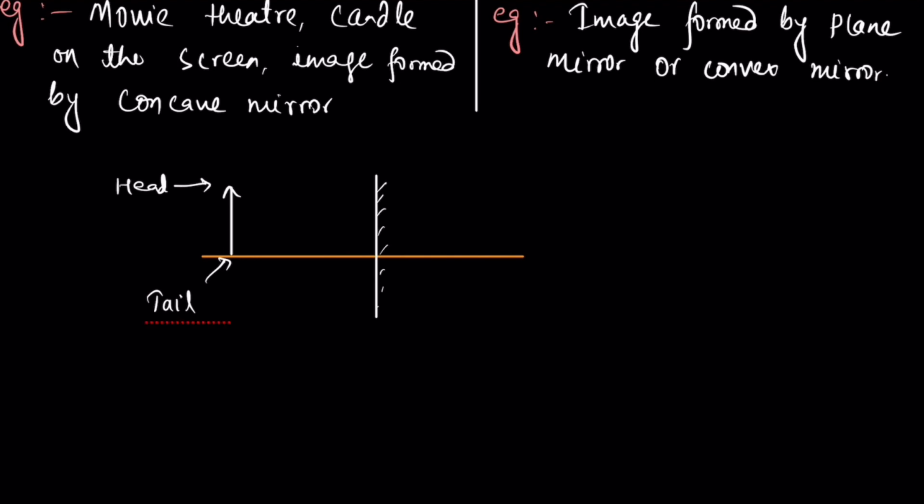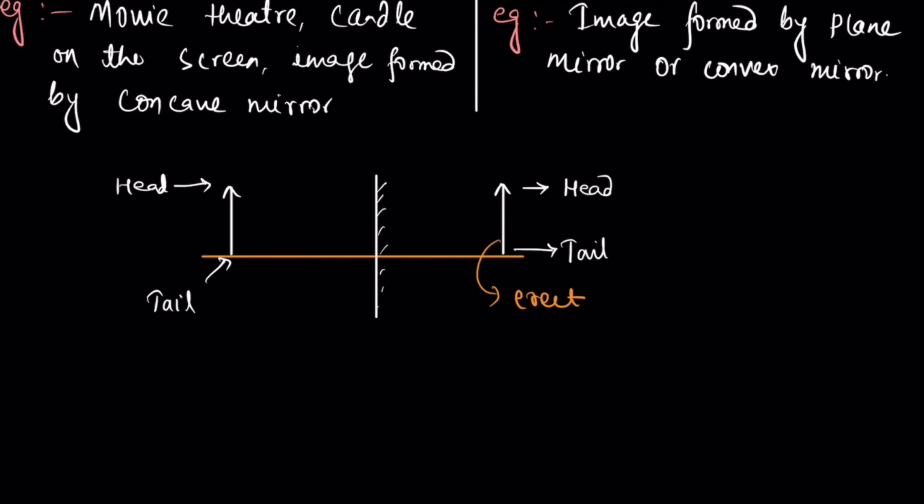When we put the plane mirror, the image is formed behind the mirror, and here the head will be on the top and the tail will be on the bottom, as the object looks. There is no change in the head and tail of the object and the image. So this type of image is called erect.